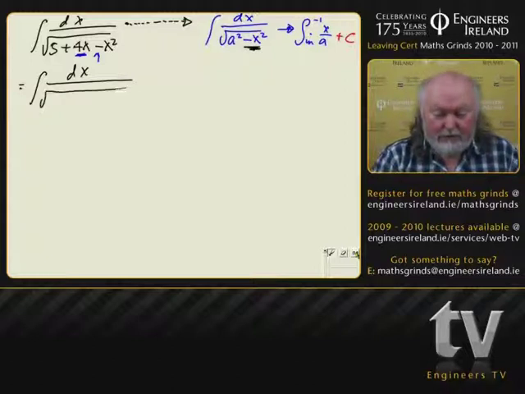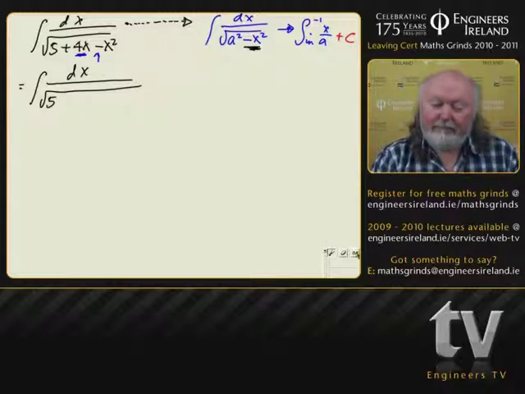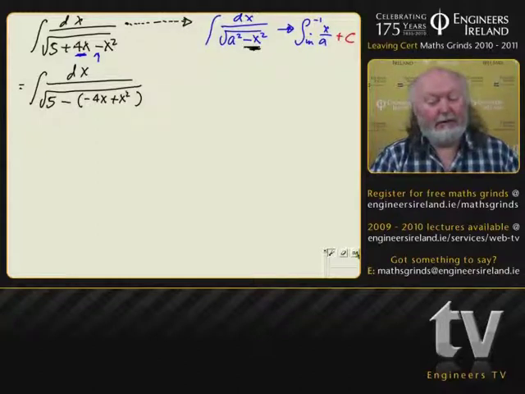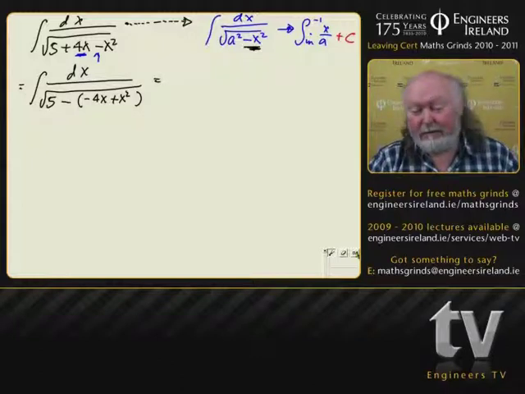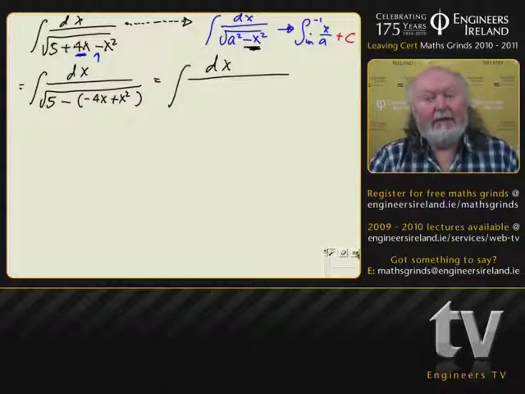So we're saying the square root of 5, and there's going to be minus a certain amount of stuff now, and that means I have a minus 4x plus x squared inside my bracket here, and I'll run across the screen just to save myself space. And now I'm looking to form a square in here.